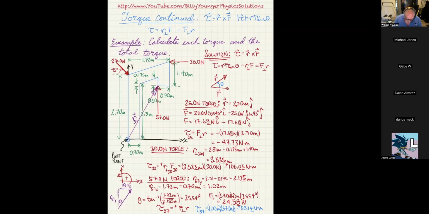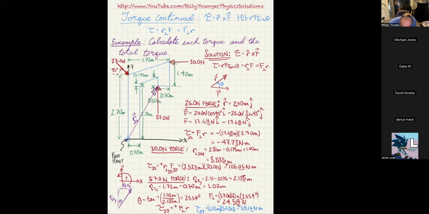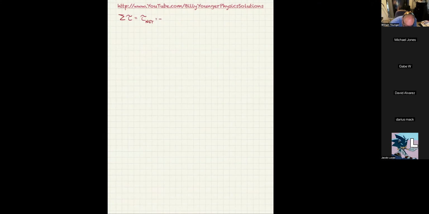One torque is negative, and that's 47.73. So the net torque equals negative 47.73 Newton meters. And remember that 3 there is a non-significant figure.